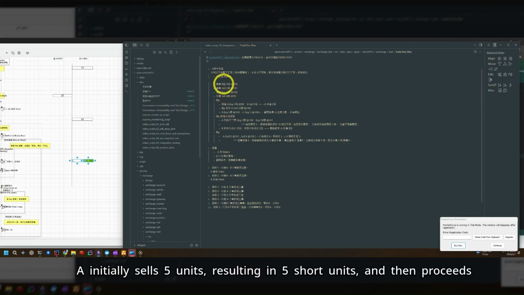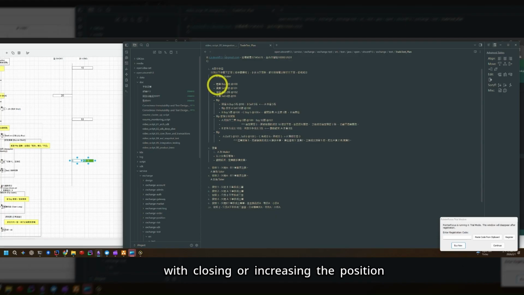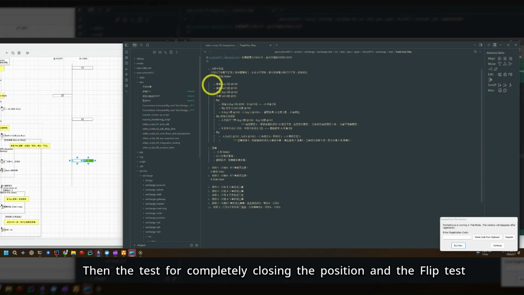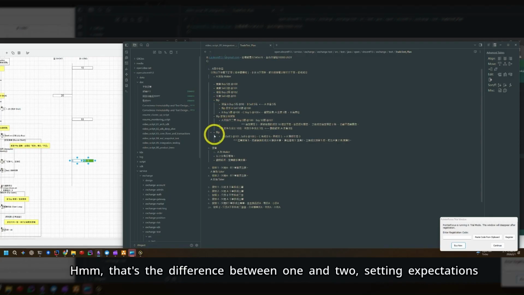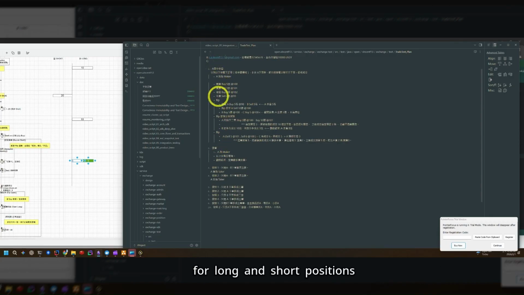A initially sells 5 units, resulting in 5 short units, and then proceeds with closing or increasing the position. Then the test for completely closing the position and the flip test. That's the difference between 1 and 2, setting expectations for long and short positions.